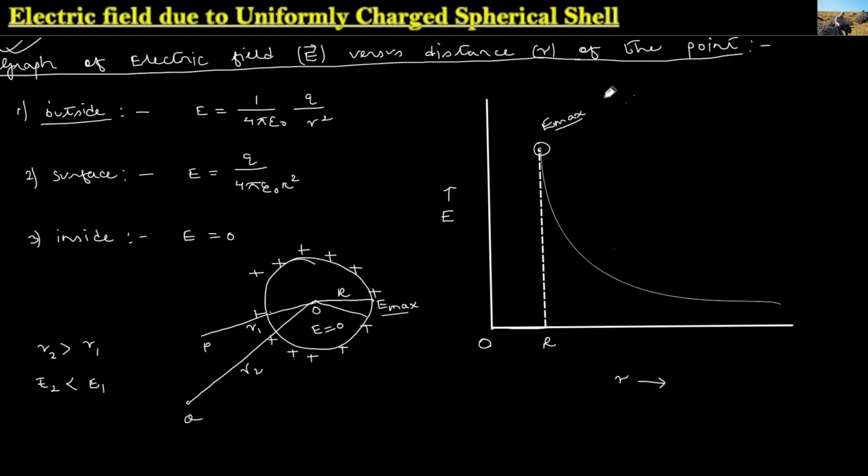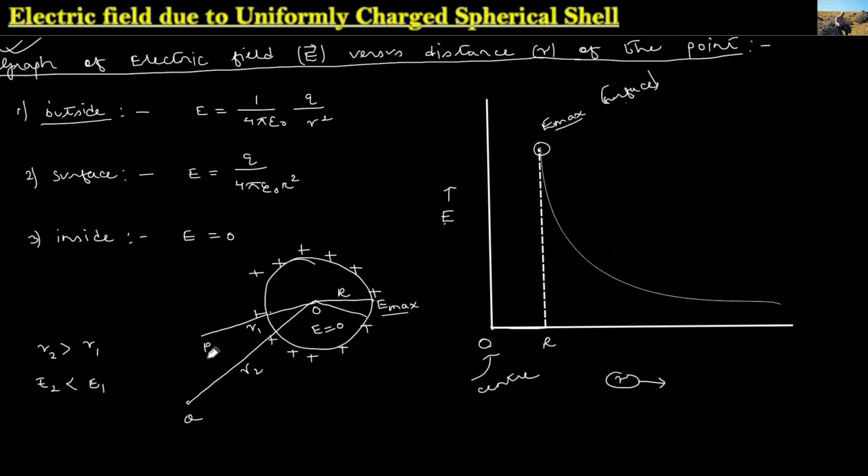This is the point which is on the surface. This is the electric field at the center: when R is equal to 0, E also is equal to 0.